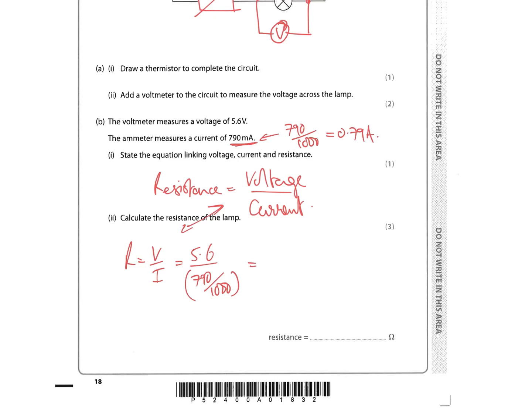So then I substitute that in, make sure I'm typing it in correctly into the calculator, and that gives me an answer of 7.0886 ohms. Because I've got everything to 2 significant figures up here, I'll leave that as 2 significant figures, so I'm going to leave it as 7.1 ohms.